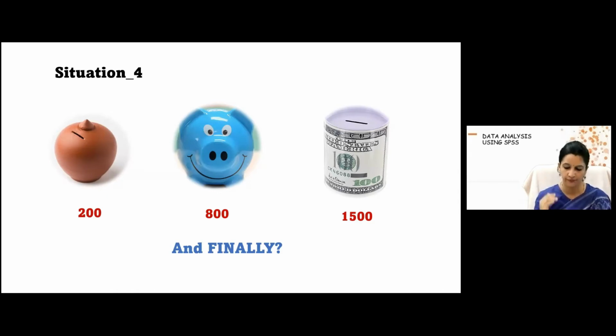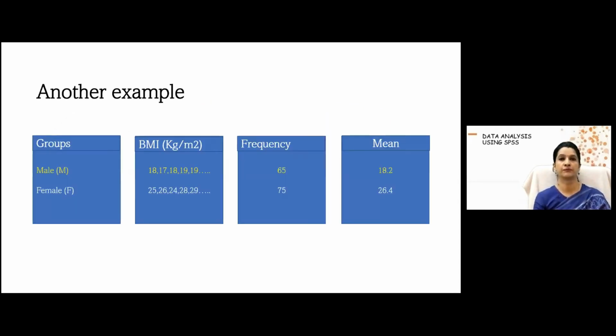Okay, so now we'll do one example. You can see here there is a group of male and a group of female, 5 male and 5 female. The frequencies are 65 and 75, and the mean BMI is 18.2 and 26.4.